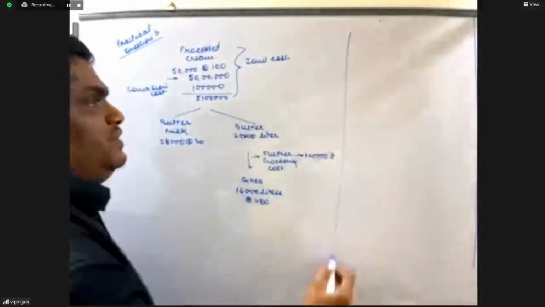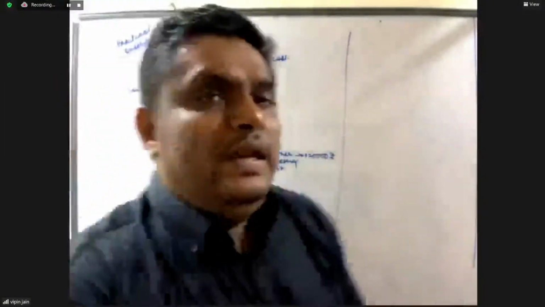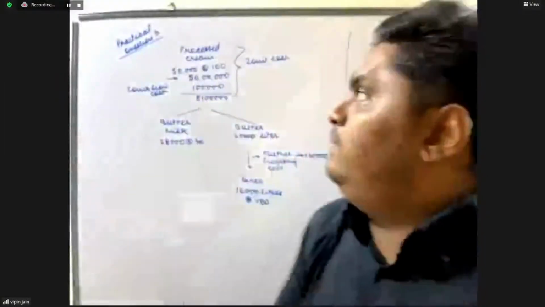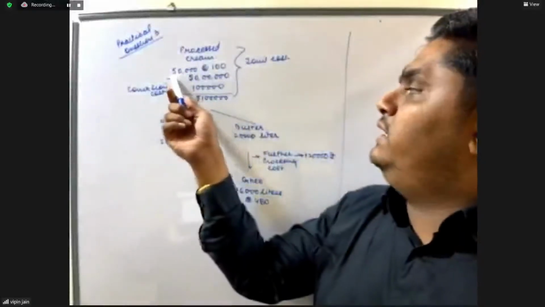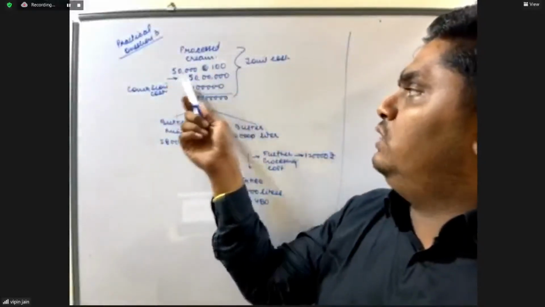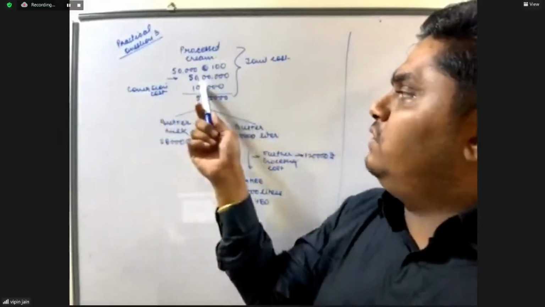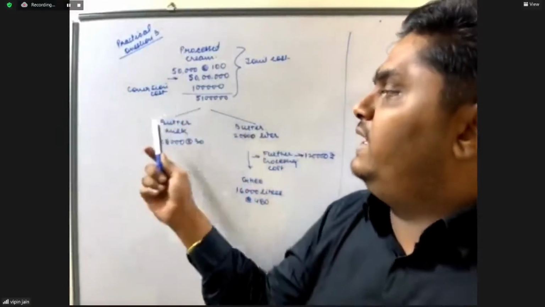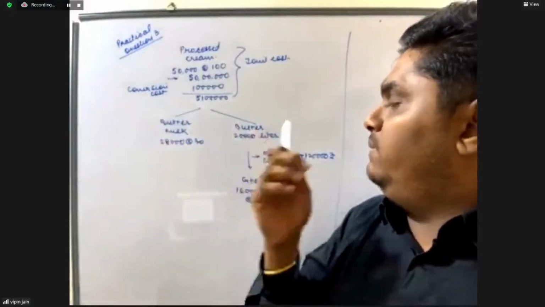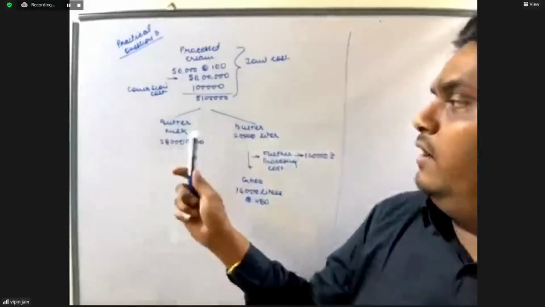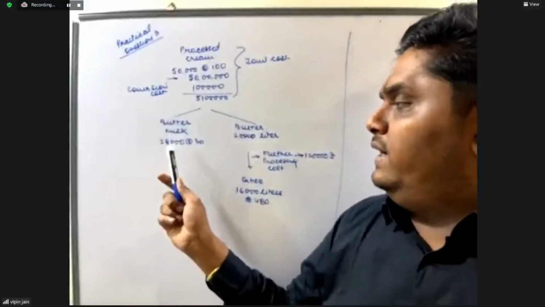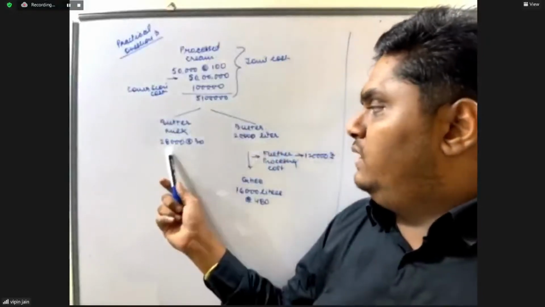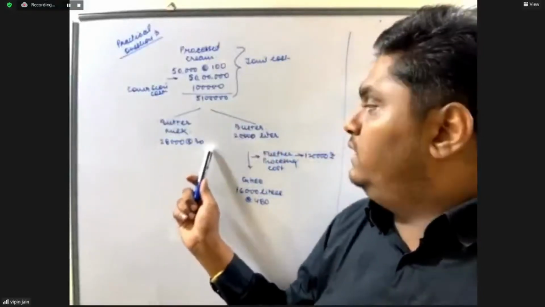So this much information is given in the question, wherein they are purchasing processed cream 50,000 liters at the rate of 100 per liter. So total 50 lakh. The conversion cost that is given is 1 lakh. So my joint cost is 51 lakh. They are getting two products, that is buttermilk and butter. When talking about buttermilk, they are getting 28,000 liters that can be sold at the rate 30 rupees.